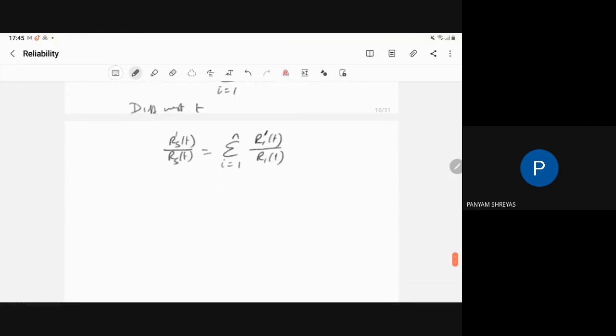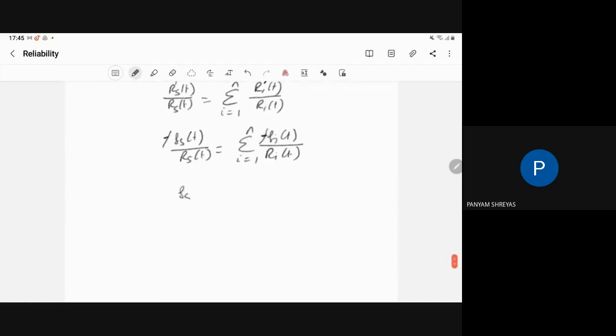And what is the R dash? R dash is the minus fs(t), and Rs(t) equals summation i equal to 1 to n minus fi(t) upon Ri(t). Now this minus will cancel out.